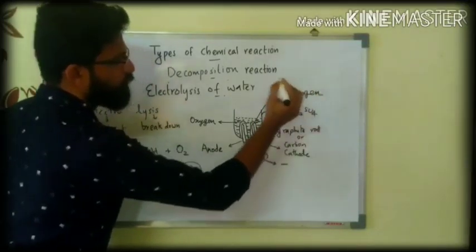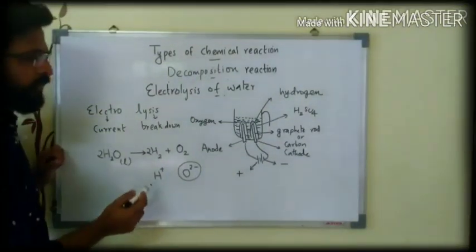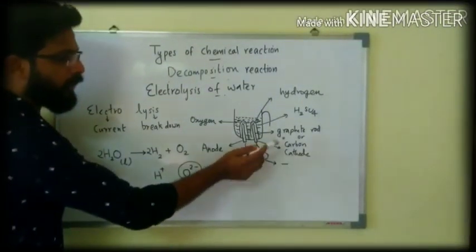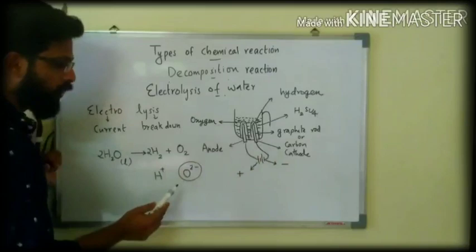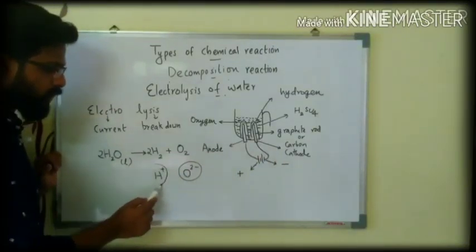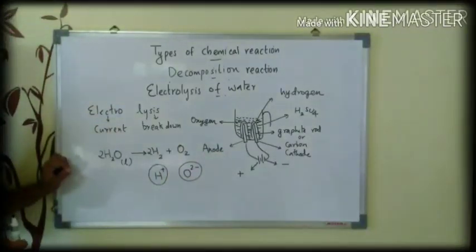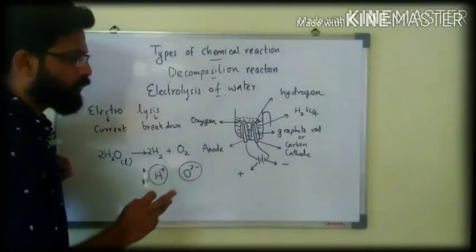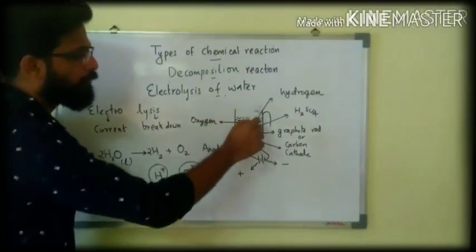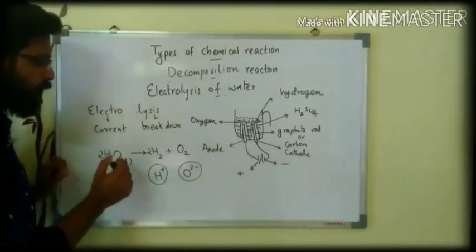This is hydrogen. Why? Because the cathode is the negatively charged electrode, so the positively charged hydrogen will move towards it. Is it clear? This is what happens when you pass electricity through water.